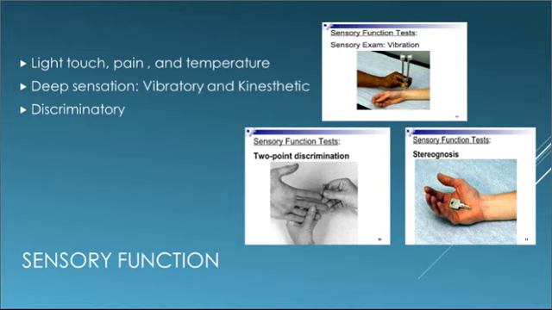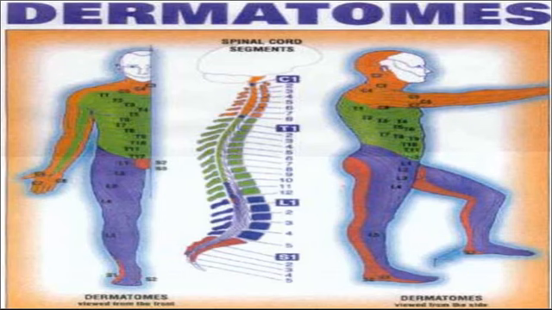2-point discrimination. I threw this picture in on dermatomes to help you understand. Coming off our spinal cord, our nerves travel and we have sensation go through the skin. So even though you may have an injury at one place, the dermatome reflects all these different areas for your sensory function.